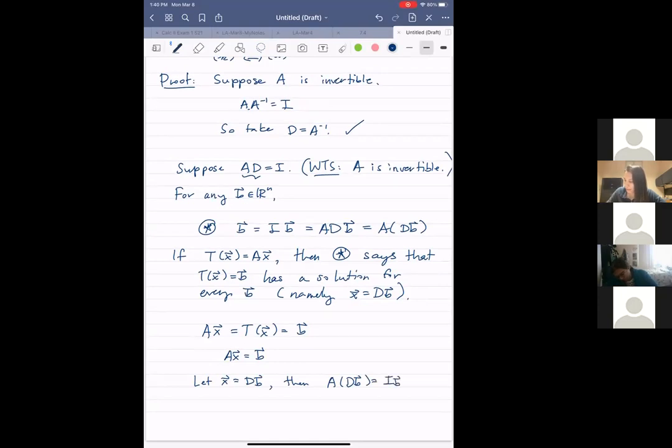That's just the identity times b, so this is b. So x equals D times b is a solution. And we can do this for any b, right? So this always has a solution. Does that make sense? A little. I guess I just need to go back and look over linear transformations some more. Thank you. Okay. Yeah, no problem.